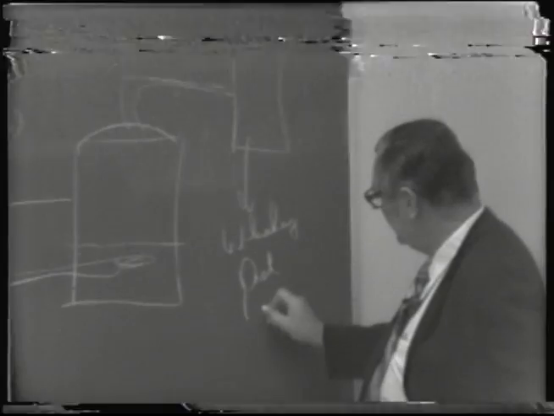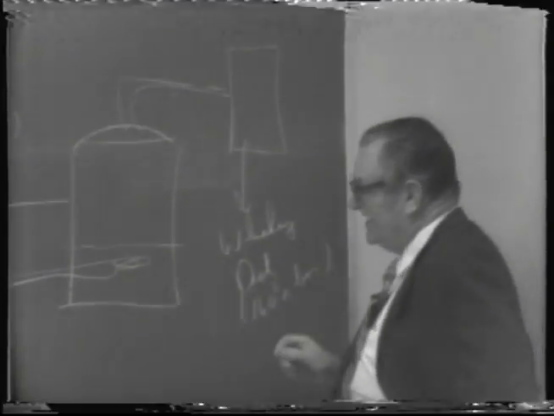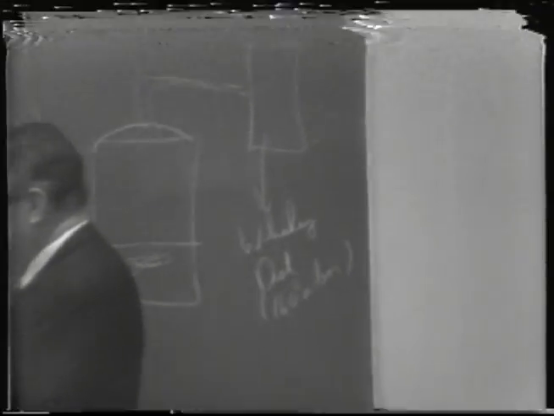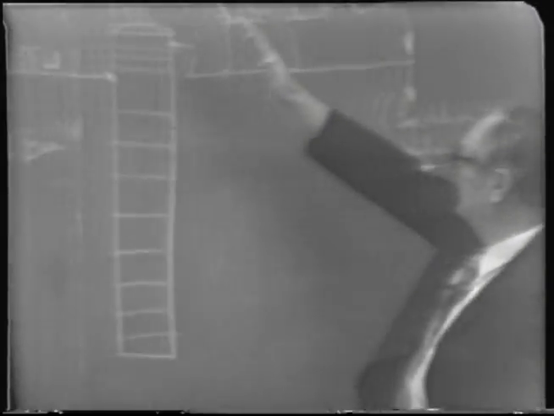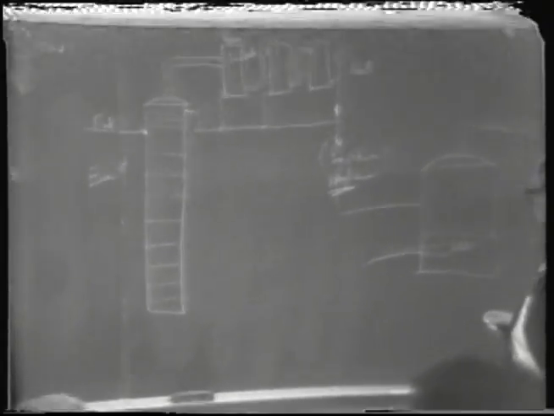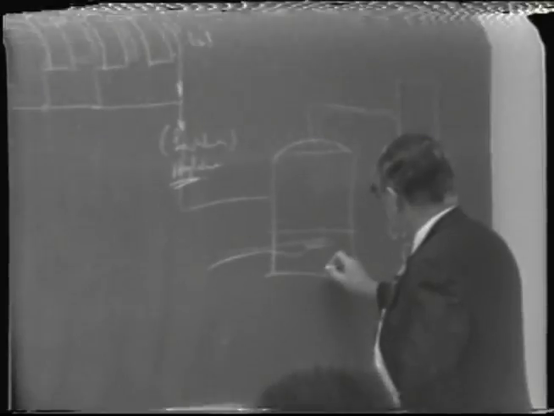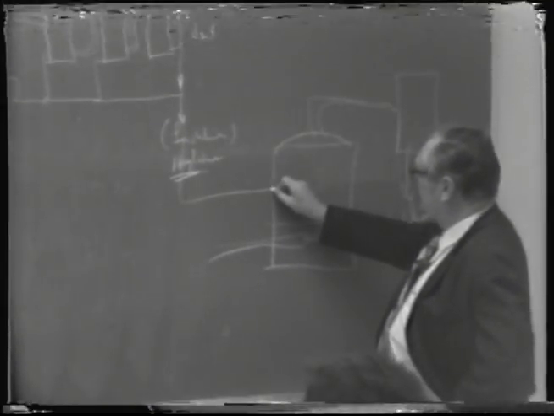And the proof is limited to 160 proof or less. Anyway, that's about the way they do it. They barely get it up to 160 proof. Make one vaporization here in a big pot still.